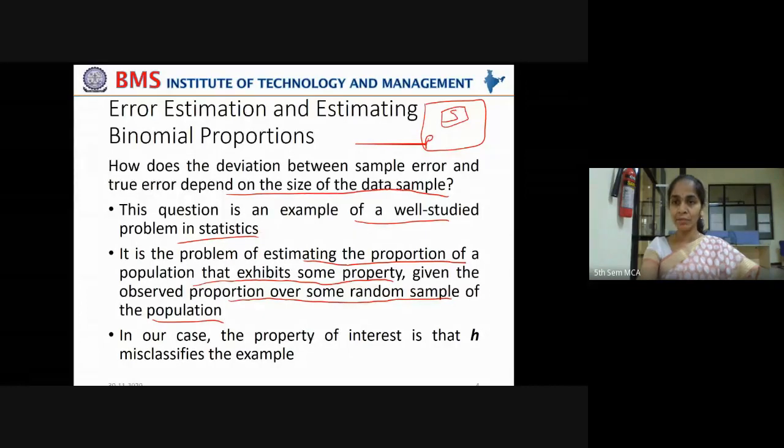Did you understand what I'm saying? We are observing some property with the sample. Now, are you able to observe the same property with the larger population? That is the problem of study. In our case, the property of interest is that H misclassifies an example, means H is giving some prediction error. Okay, that property we are going to study.